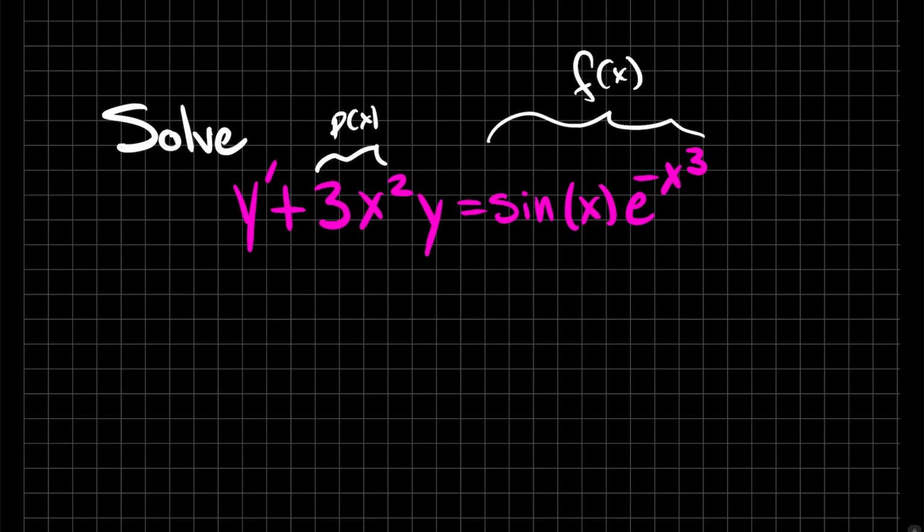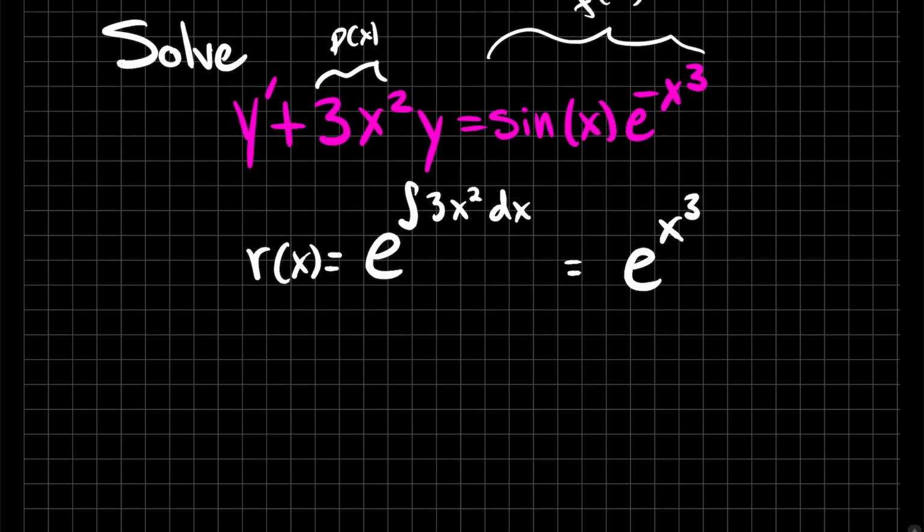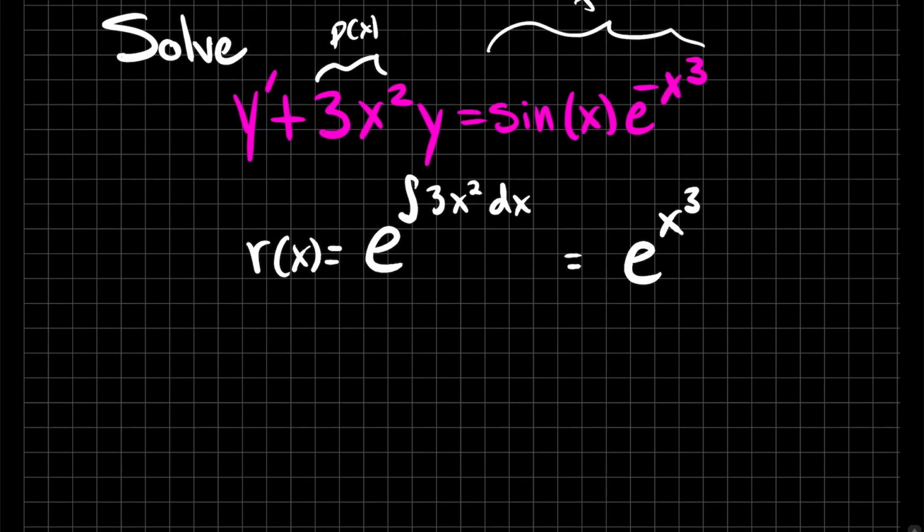So our r of x is going to be e to the antiderivative of 3x squared dx, and that's going to be e to the x to the 3. Now, some of you might be tempted to put a constant here, and you wouldn't be wrong in doing that, but we don't care about which constant. We want a particular solution. Why not let your constant be 0?